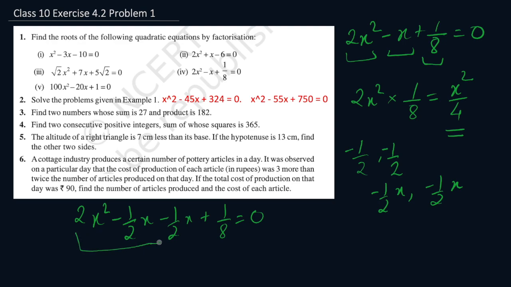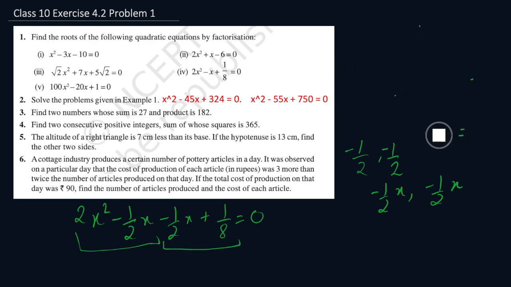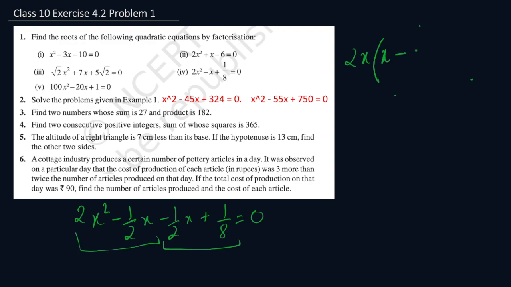Now what we can do is we can take x and 2 common from here. So it will be 2x times x minus, we will be remaining with 1 by 4.